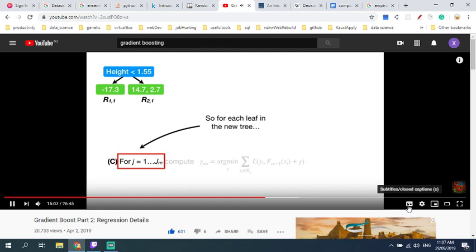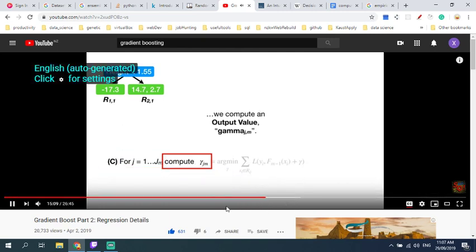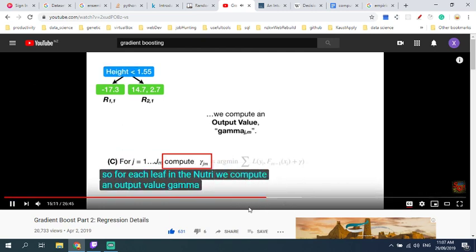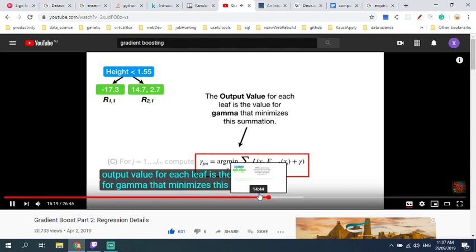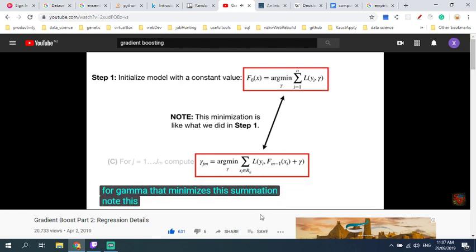So for each leaf in the new tree, we compute an output value, gamma sub j comma m. The output value for each leaf is the value for gamma that minimizes this summation. Note, this minimization is like what we did in step 1.